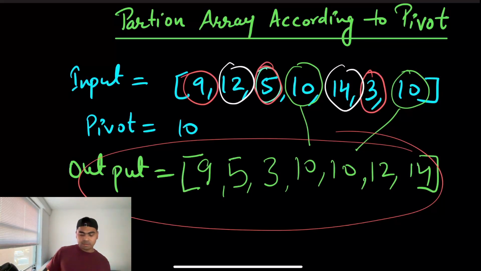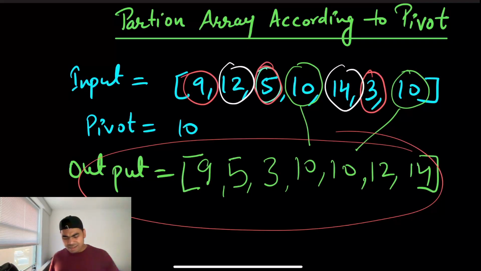We just create three different arrays and iterate over our original input and check if it is lesser than the pivot. We store it in a different array: three different arrays, lesser, pivot, greater, and then finally we just combine them all and return that. That will be O(n) time complexity.